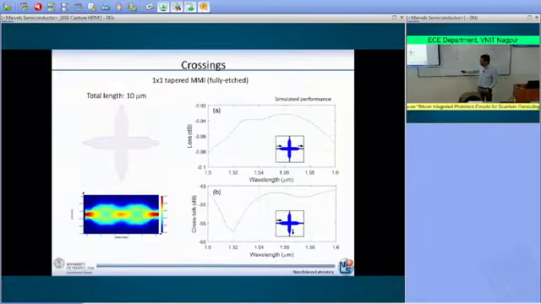Essentially your light is passing the cross without loss as well as without any contamination of the other direction. In this way we have implemented a quite effective cross on a very small footprint, 10 micron.